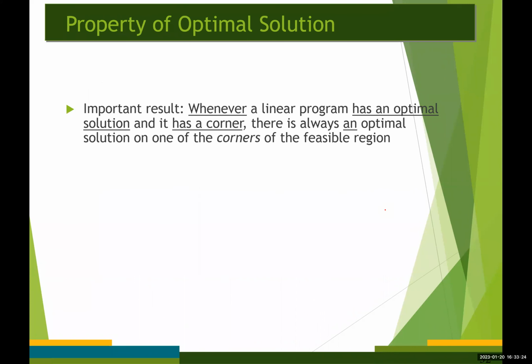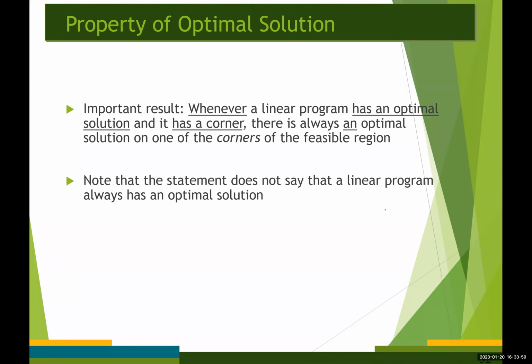Okay, so now we're going to talk about three different types of LPs that do not have unique optimal solutions. So like it says, whenever a linear program has an optimal solution and it has a corner, there is always an optimal solution on one of the corners of the feasible region.